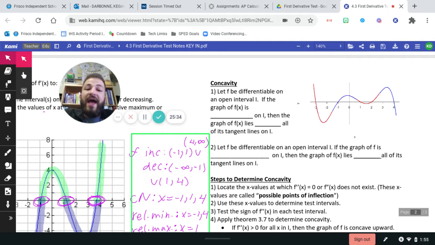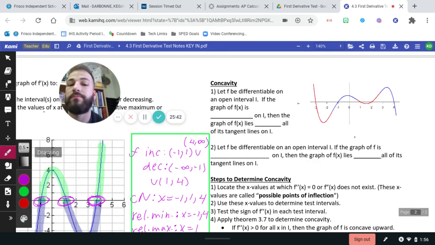Let f be differentiable on an open interval I. If the graph of f of x is concave up on the interval I, then the graph of f of x lies above all of its tangent lines on I.